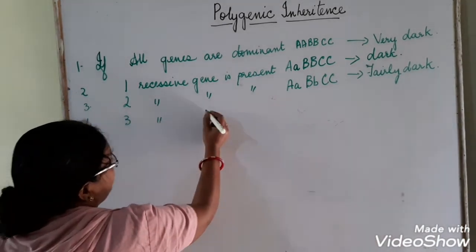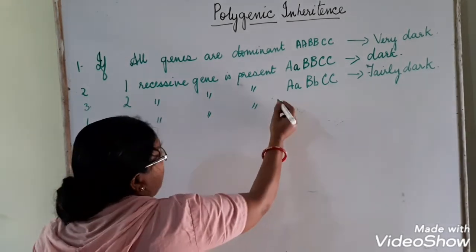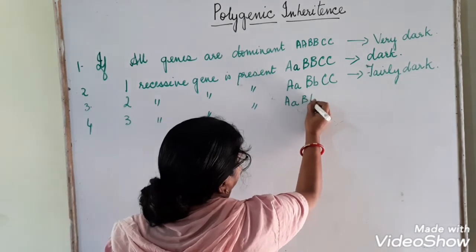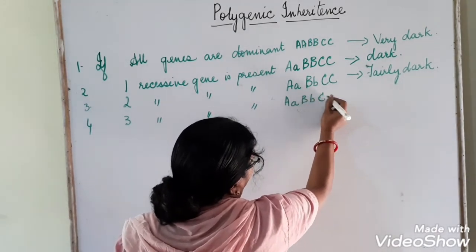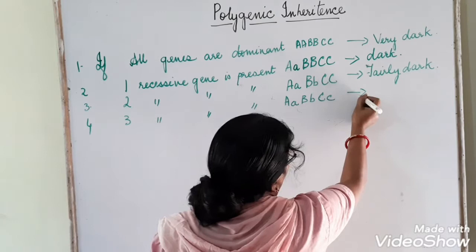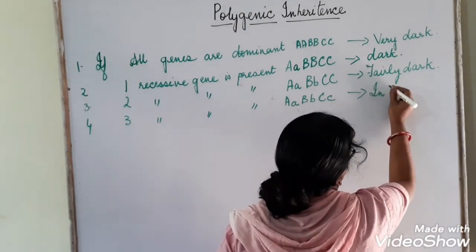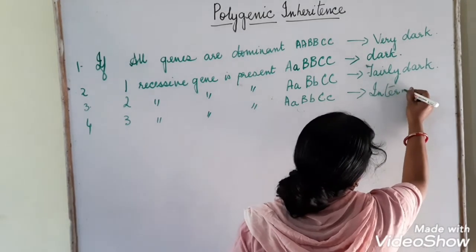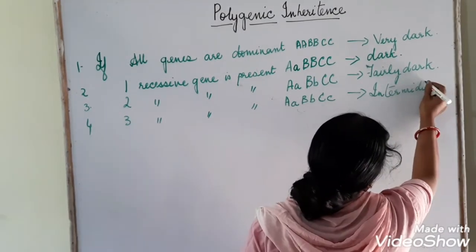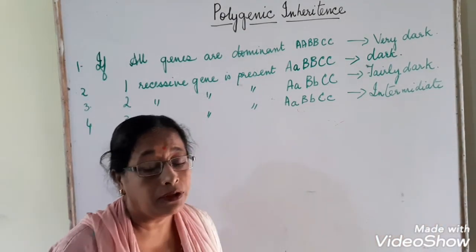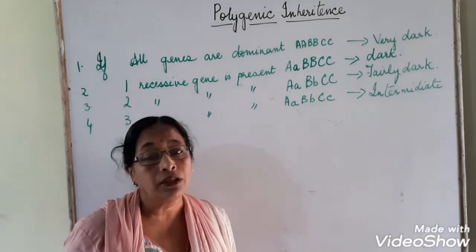If three recessive genes are present, small c, then this is intermediate. Intermediate color is C, that is not very dark, neither fair.